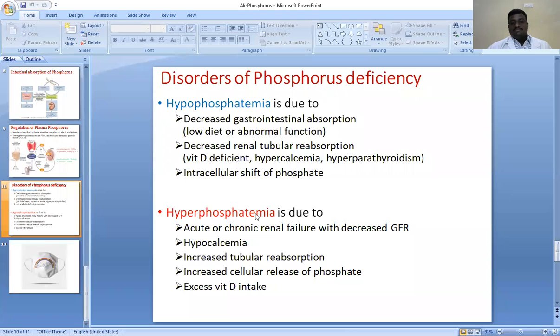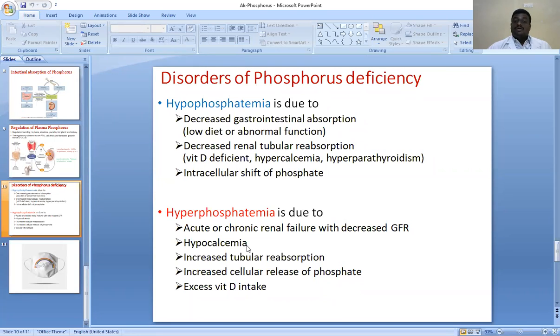Next one is hyperphosphatemia. Hyperphosphatemia means phosphate concentration is greatly increased in the blood, due to acute or chronic renal failure with decreased GFR, glomerular filtration rate, which is greatly reduced in chronic renal failure. There is no filtration, so an excess amount of phosphate accumulates in the blood. Next one is hypocalcemia, which depends on parathyroid hormone.